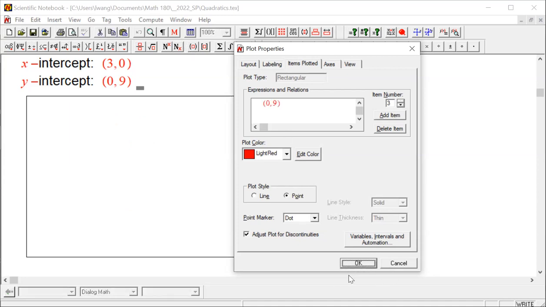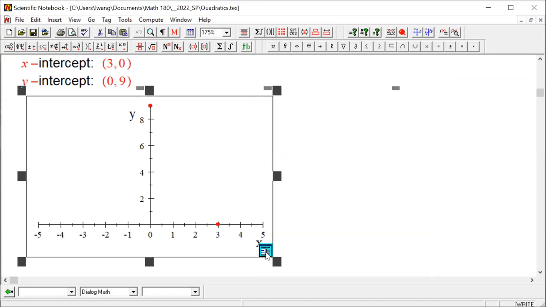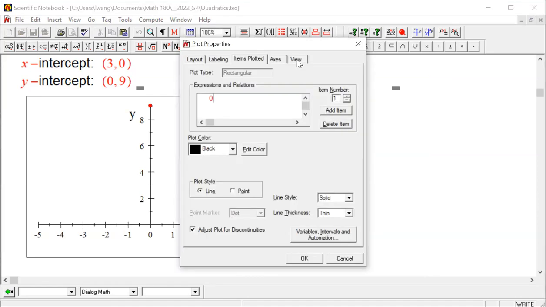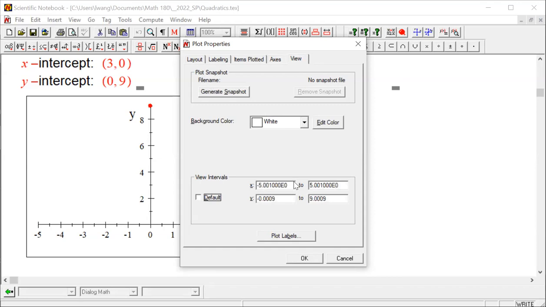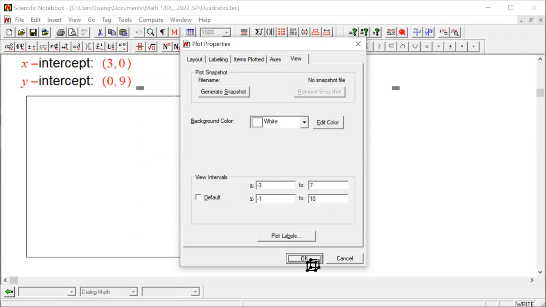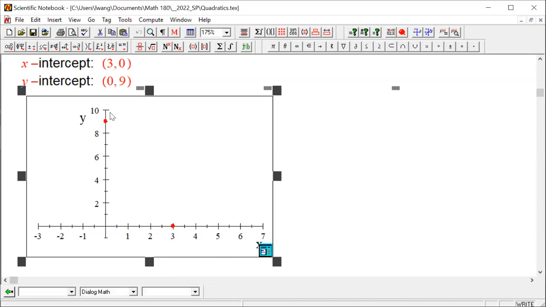So we have 2 dots. And I'm going to make the view a little bit better looking. You can constantly adjust this. It looks like the picture is going to come down and go up.